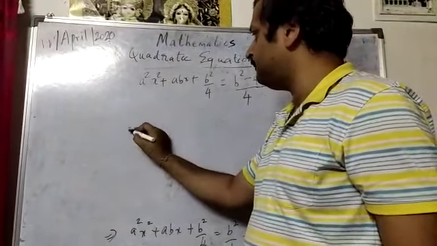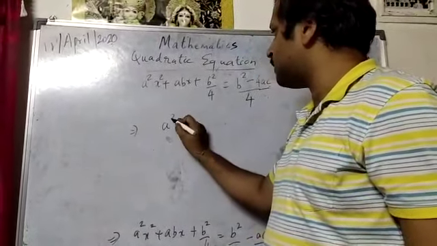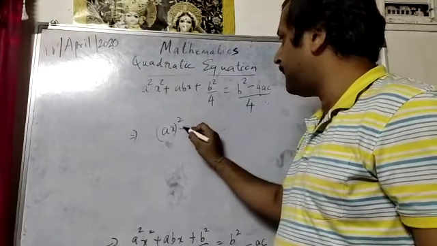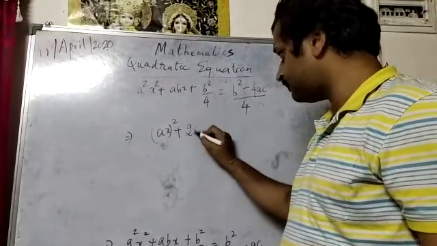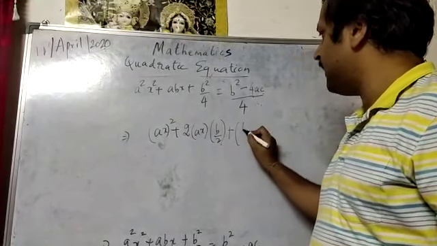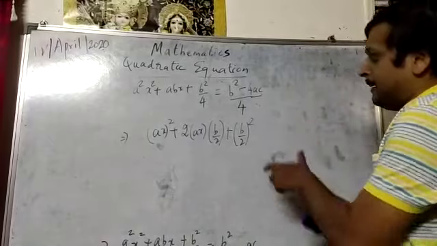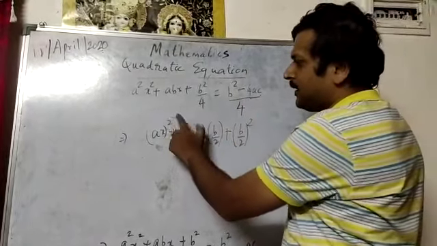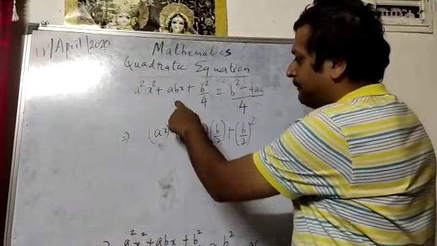This is of the form a squared plus, I can write this as (ax) whole squared plus 2 into ax into b by 2 plus (b by 2) whole squared, because b squared by 4 is (b by 2) squared and a squared x squared is (ax) squared.